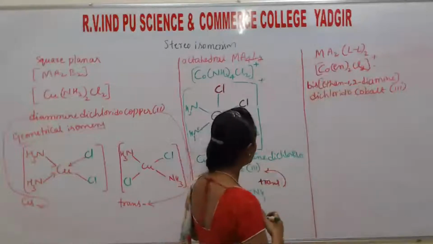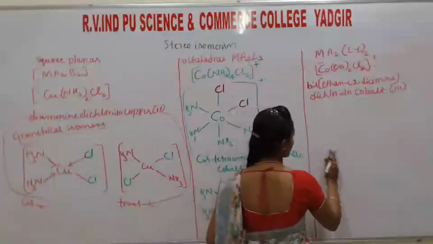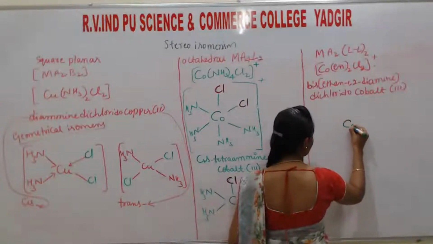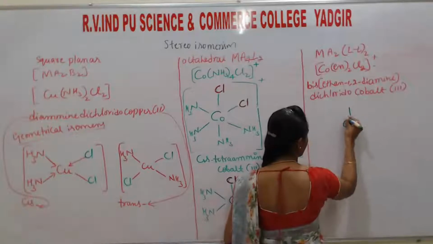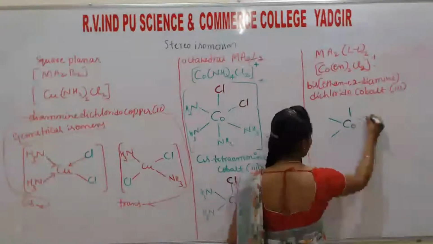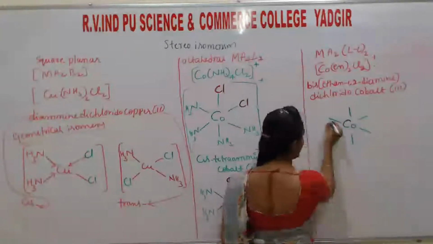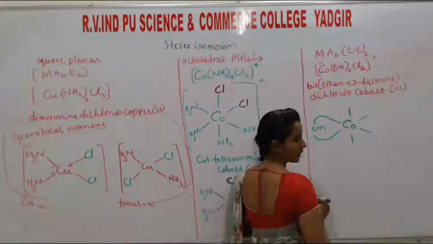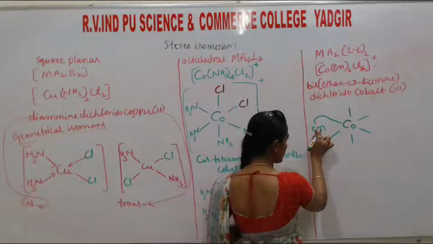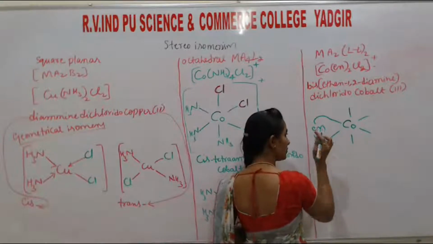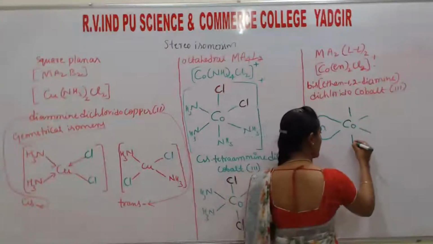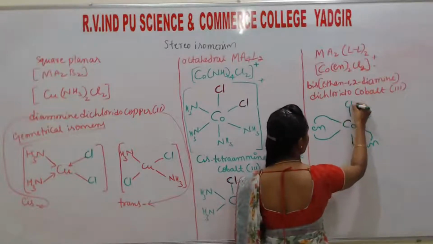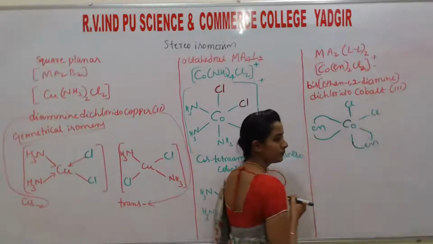Okay. If you write the diagram or the structure of this, students, this is cobalt. Here 6 positions are there because it is octahedral. This is en. As I told, NH2, CH2, CH2, NH2, that I simply write as en. So this one is en. Here it is Cl, Cl.